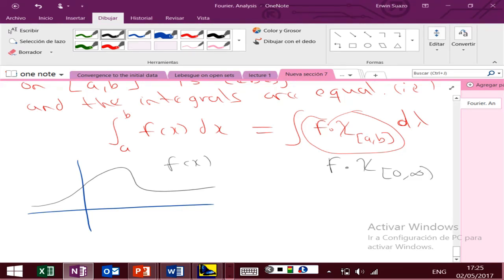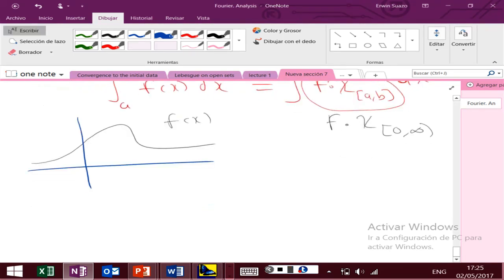So what it means is that my new function, instead of getting all that function, is going to be 0 on this part, but this part stays alive from 0 to infinity. That's my new function. Okay, that's what it means.